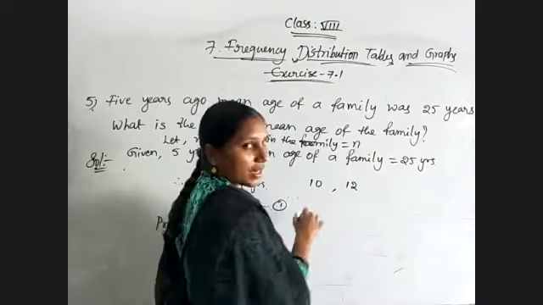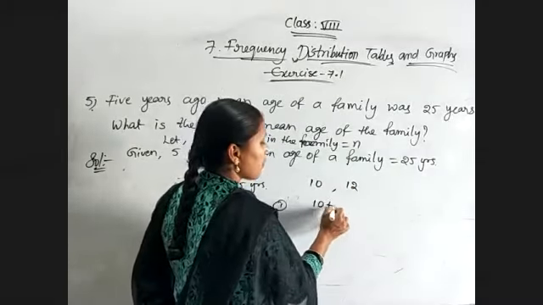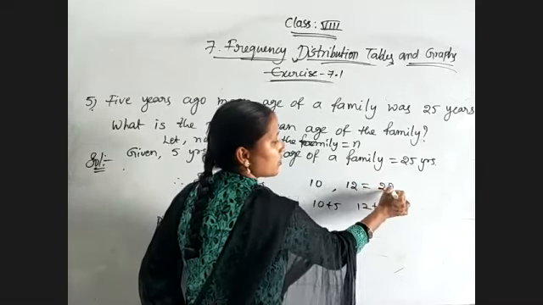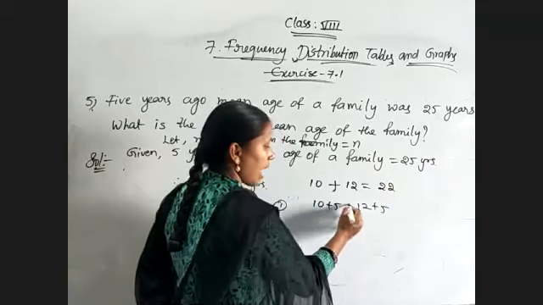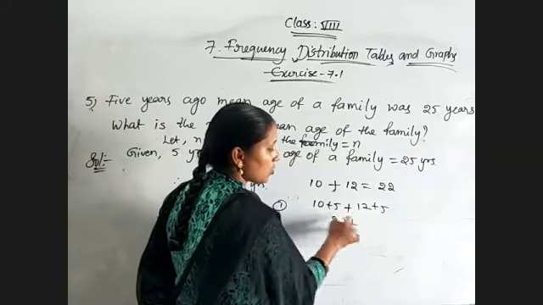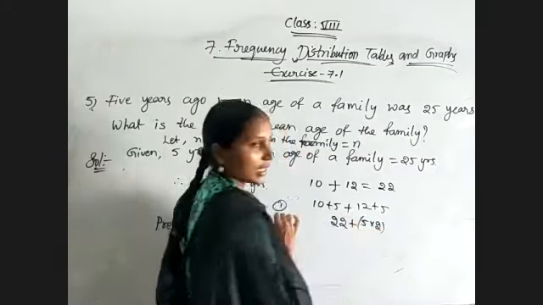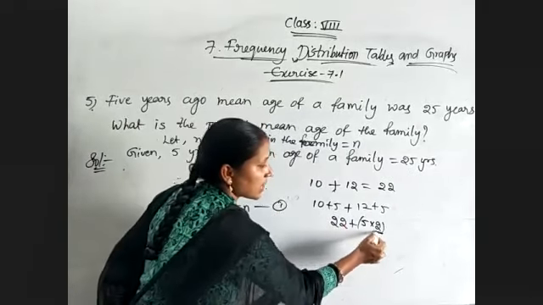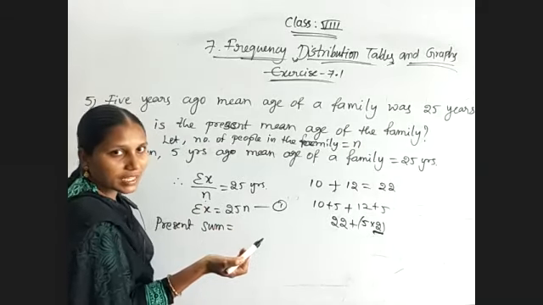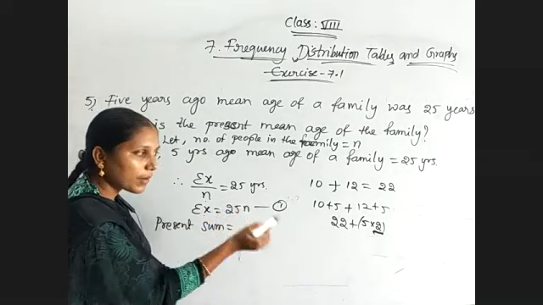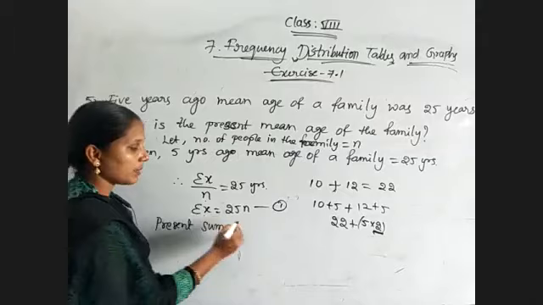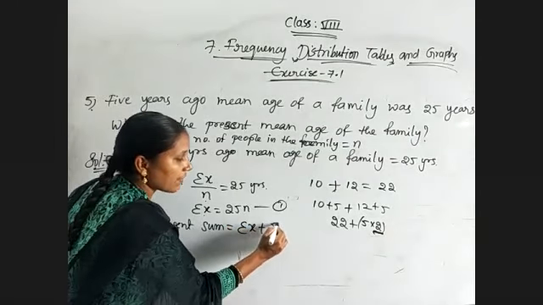After 5 years, they become 10 plus 5 and 12 plus 5. The actual sum of these two is 10 plus 12, which is 22, and after 5 years, 22 plus 5 into 2, because 2 persons are there. Why I am mentioning this: the number of persons we don't know, n members are there. After 5 years we need to calculate, that means Σx plus 5 into n. So the present sum will become Σx plus 5 into n.